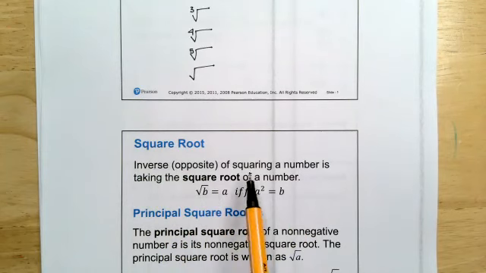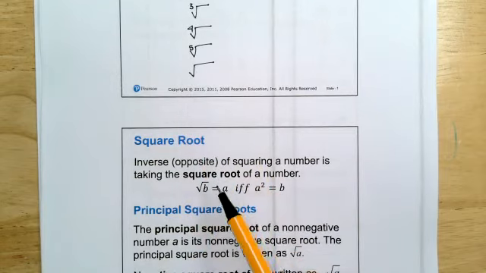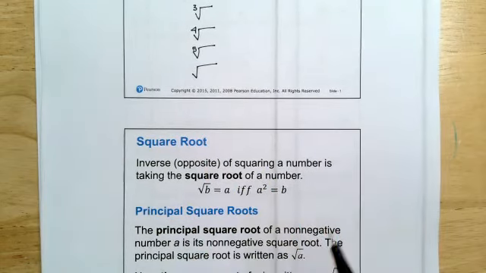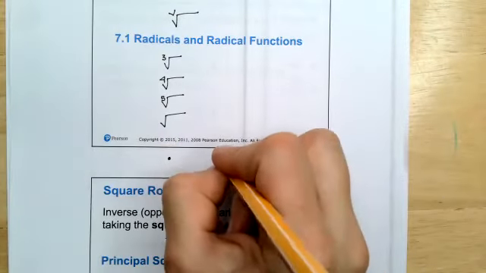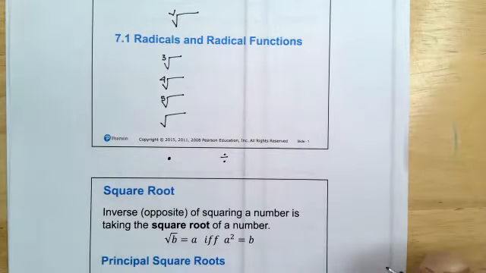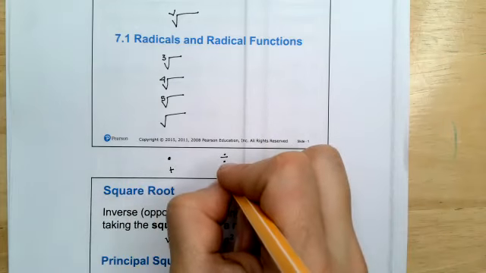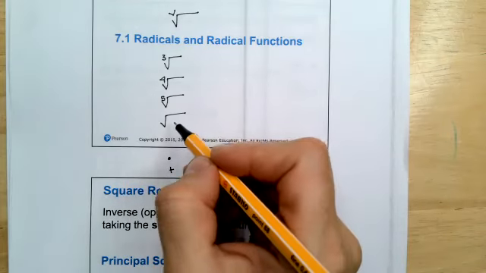The opposite of squaring a number is taking the square root of a number. So the square root of b is a if a squared is b. So just like you can multiply and the opposite of multiplication is division, you can add and the opposite of adding is subtracting.